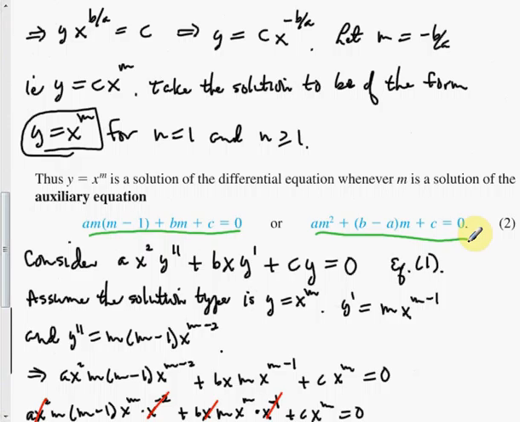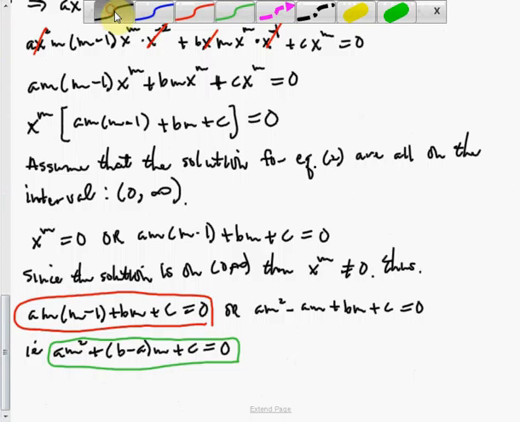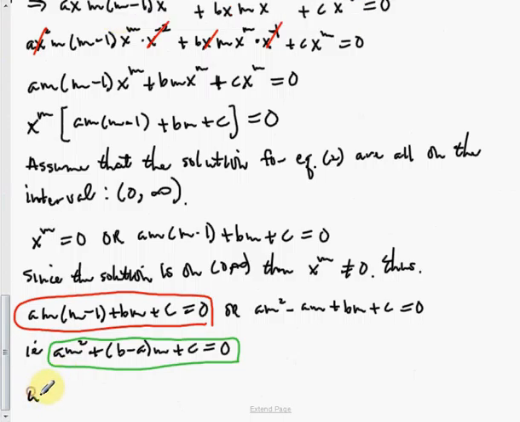Well, that's where the auxiliary equation comes from. We call this the auxiliary equation.